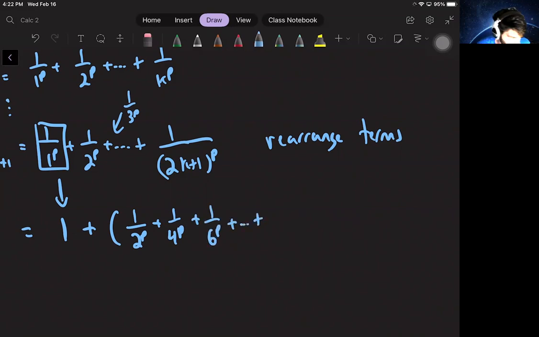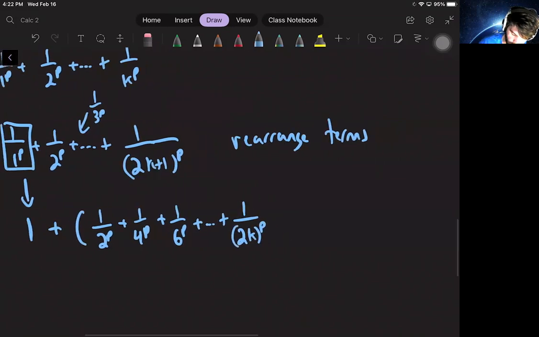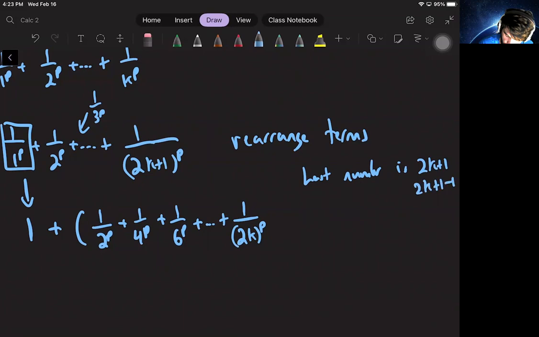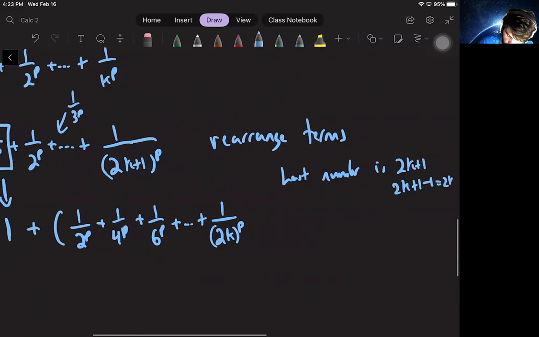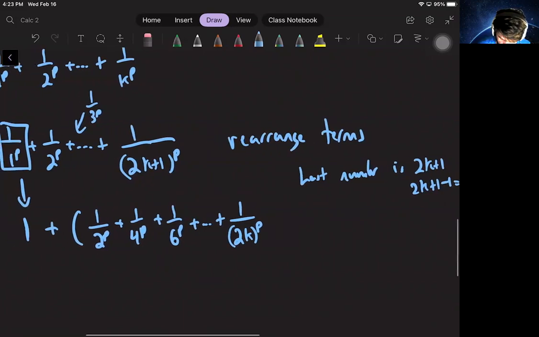And what we're doing is we're doing all of the even numbers. And so the last even number is going to be 2k, because the last number is 2k plus 1. So what's right before 2k plus 1 would be 2k plus 1 minus 1, which is 2k. So that's the second to last number, and it's the last even number down there on the bottom.